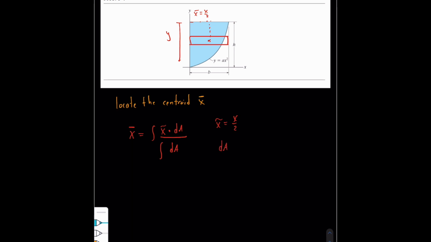Now for our area dA. Gonna make a little sketch here. Okay, now the horizontal strip has a length dy, and it's going to be multiplied throughout the x-axis right here.